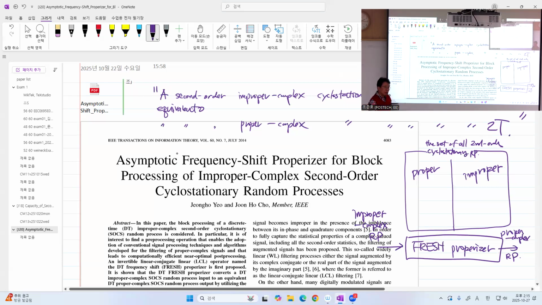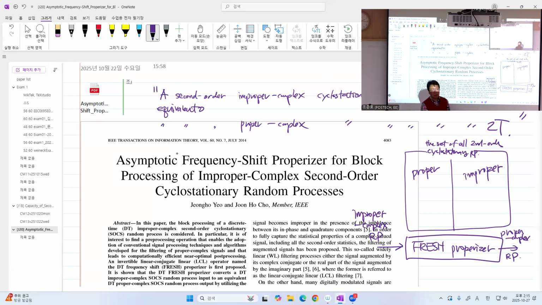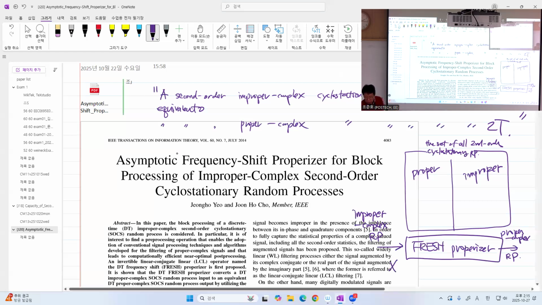You may say that we had the same situation when we studied the properizing fresh vectorizer. The difference is that now you put in a scalar valued random process x of t, and you again get a scalar valued random process y of t.